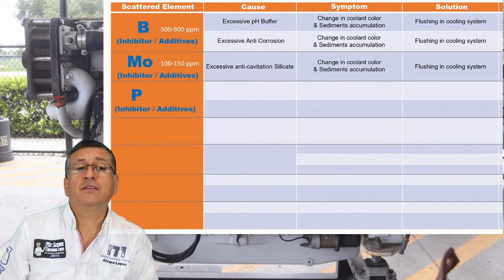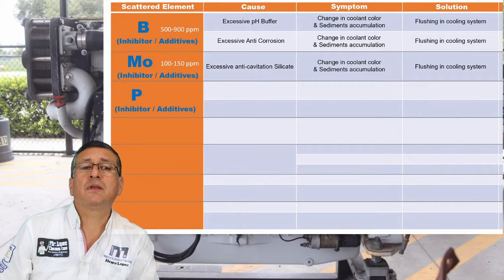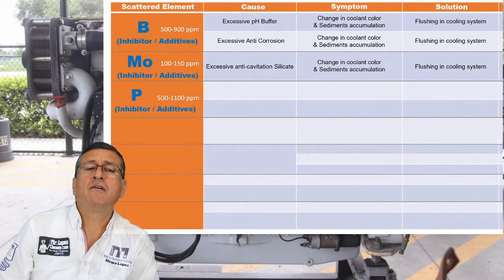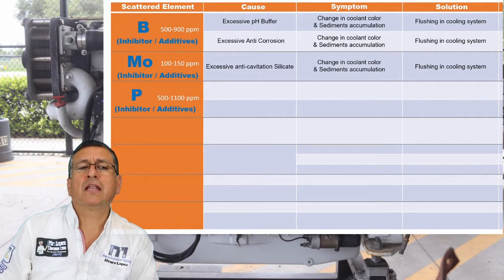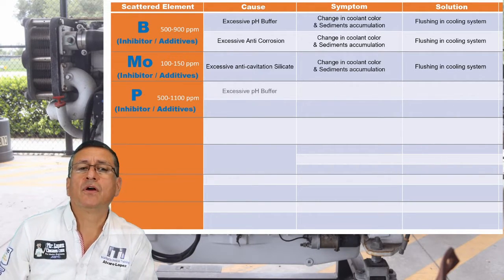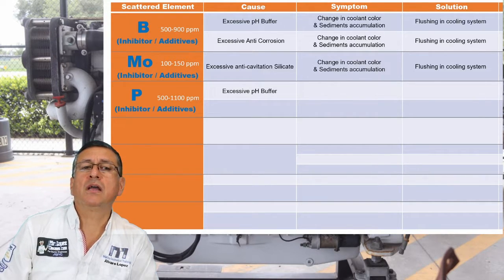Phosphorus. Phosphorus is another inhibitor. Additives, the proportion should be in between 500 and 1100, and once again more than 1100 is critical. And normally when you have an excessive amount of phosphorus, it is because the additive used to improve the pH produce that.